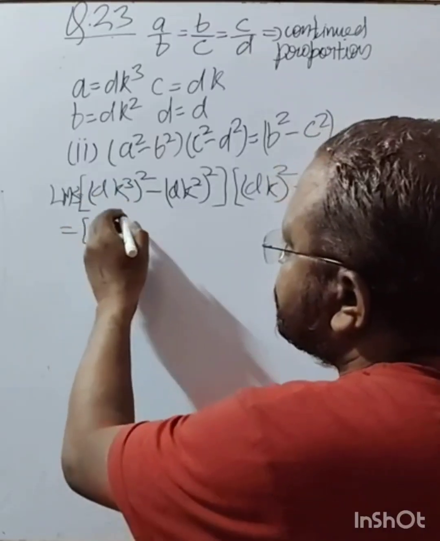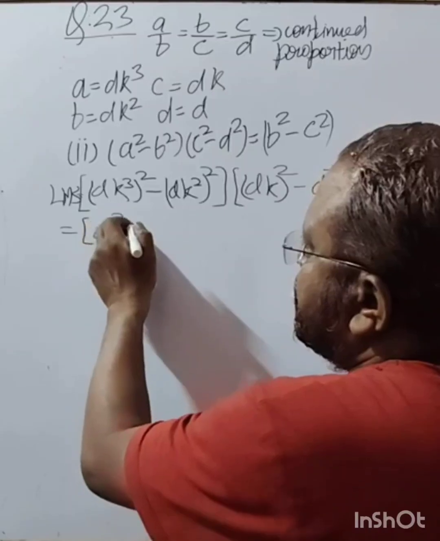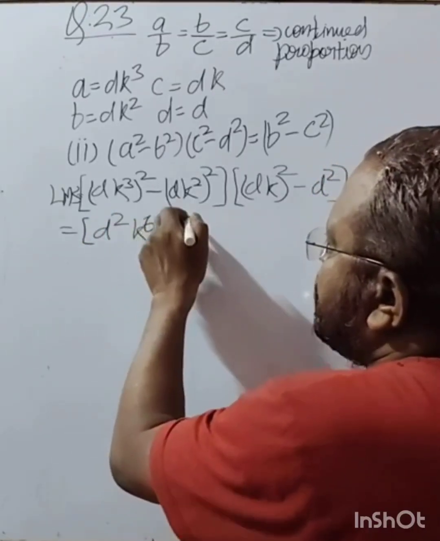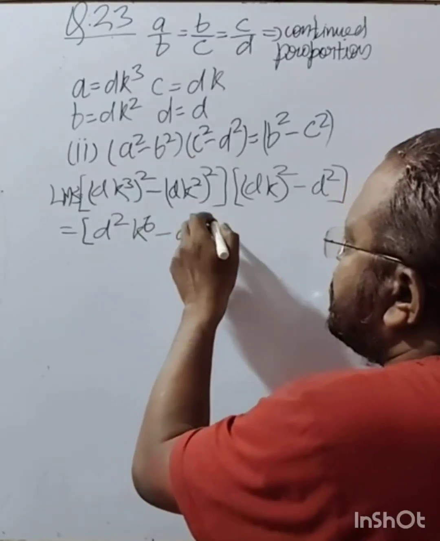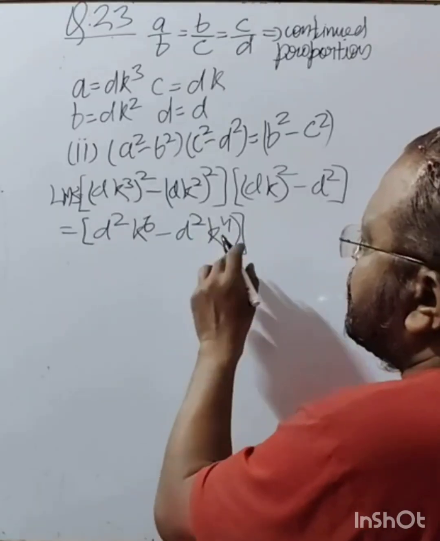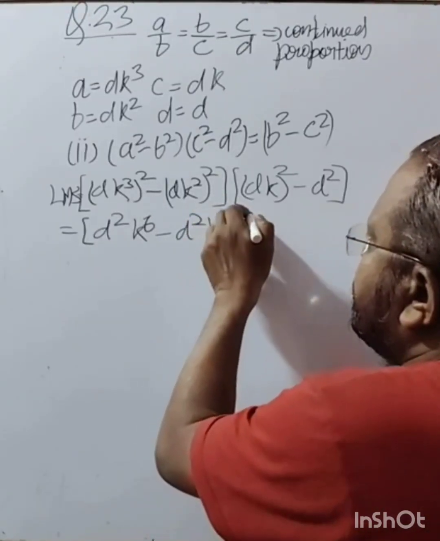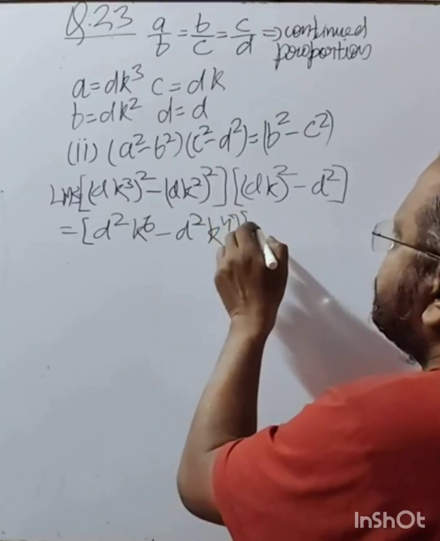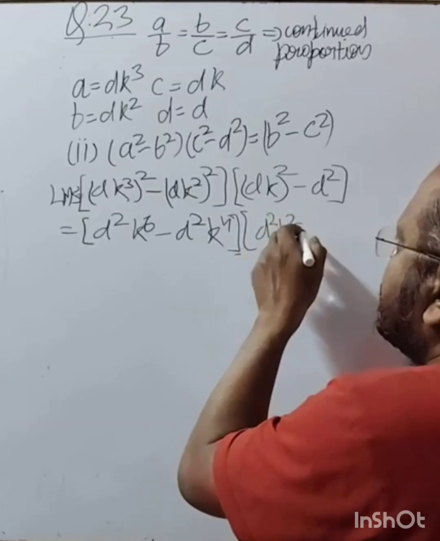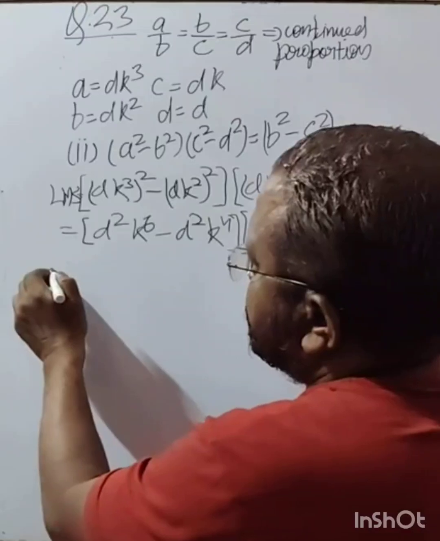There is d square k raised to the power 6 minus d square k raised to the power 4, bracket. Now use this bracket. Here we have d square k square minus d square.